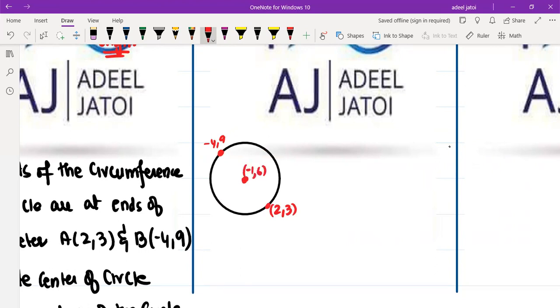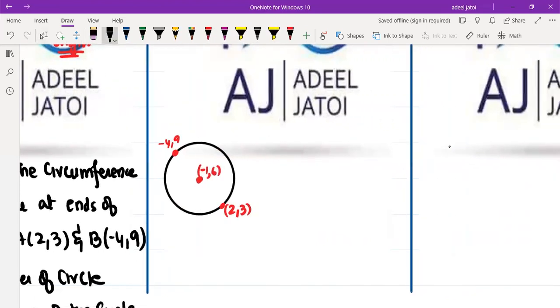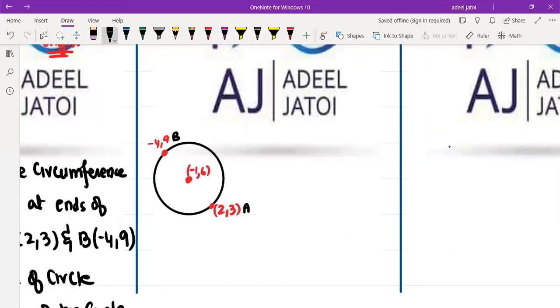Now to find the radius, there are two ways to do it. Either we take the distance AB and divide by 2, or take the distance between the center and a coordinate. You can use OA or you can use OB.